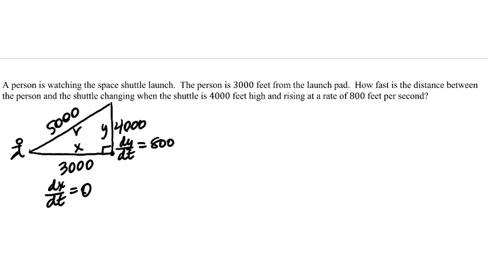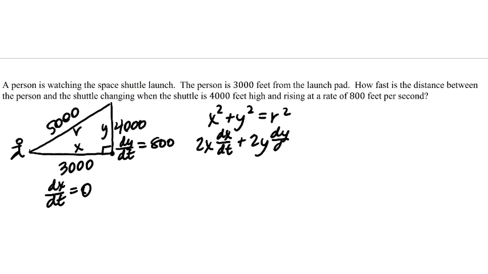Okay. So I'm going to go over here, and I'm going to say, well, what do I know to be true? This is a right triangle, so I know that x squared plus y squared equals r squared. So I've got 2x dx dt, and I know that's going to go away because dx dt is 0. 2y dy dt equaling 2r dr dt.